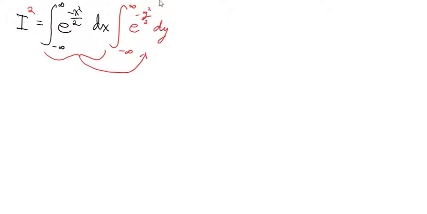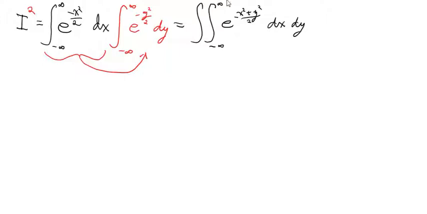So what we get is a double integral. We multiply together the integrands to give us e to the power of negative x squared plus y squared over 2 dx dy. And x ranges between minus infinity and infinity, and so does y.